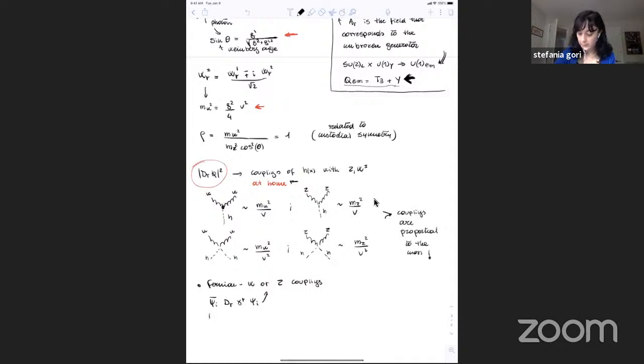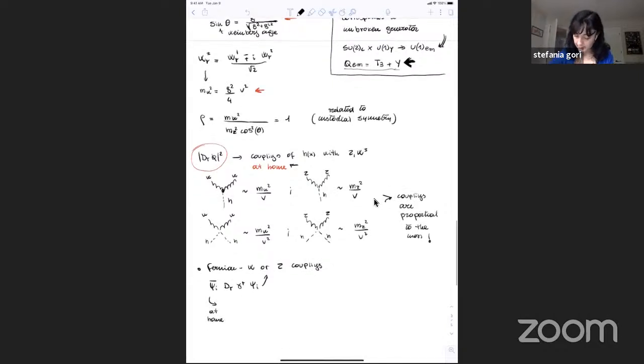And what you can show, again, I would suggest computing this at home, is that the Lagrangian will contain terms like g over the cosine of the Weinberg angle, and then you have the several fermions of the standard model. Then you have here T3 minus sine squared theta times the electric charge of the fermion, and then psi_i.